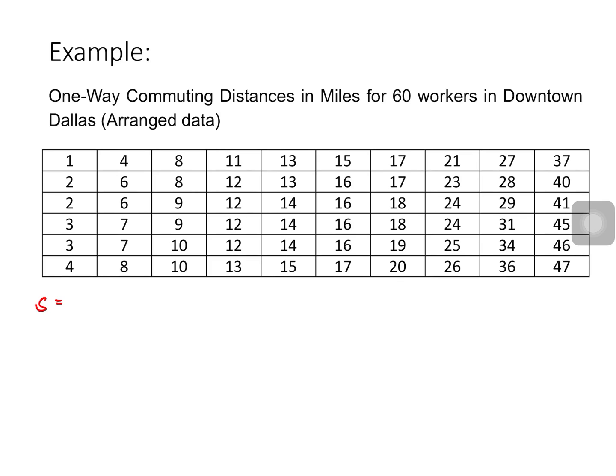So we have there 11.72, and then our variance, that is s squared, or just square 11.72. We have there 137.37. Then of course, don't forget the range: 47 minus 1, that is 46.